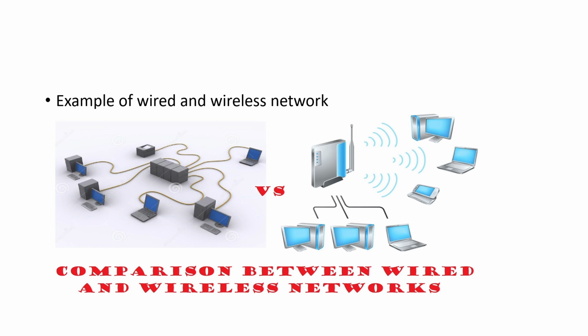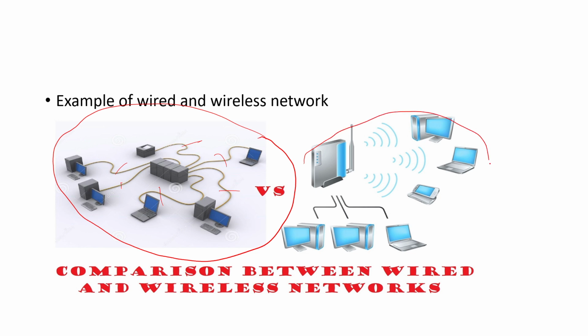Here we can see two types of network, wired and wireless network. See, here devices are connected together by using cable, right? Cable, you can see here. And the same, you can see one more figure here. Here every device is connected without cable, through wireless.